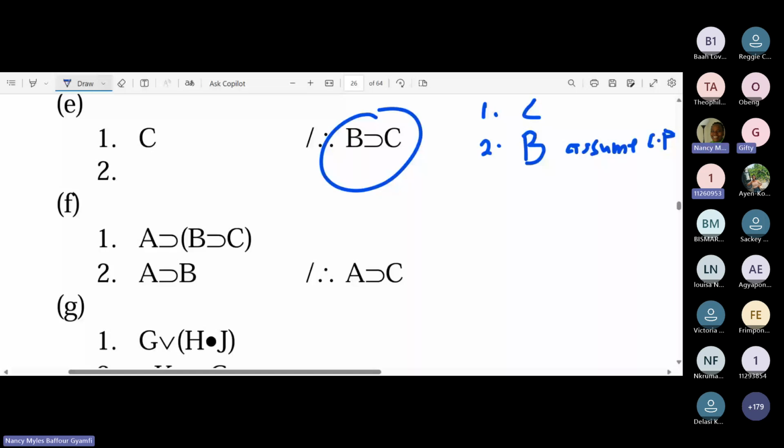So what should I do for this one? If I have this and I'm trying to prove B conditional C, what do you think I can do? Work it. There's some addition that can work there. You can do some conjunction. You can do De Morgan. You can do material implication. Who wants to try?